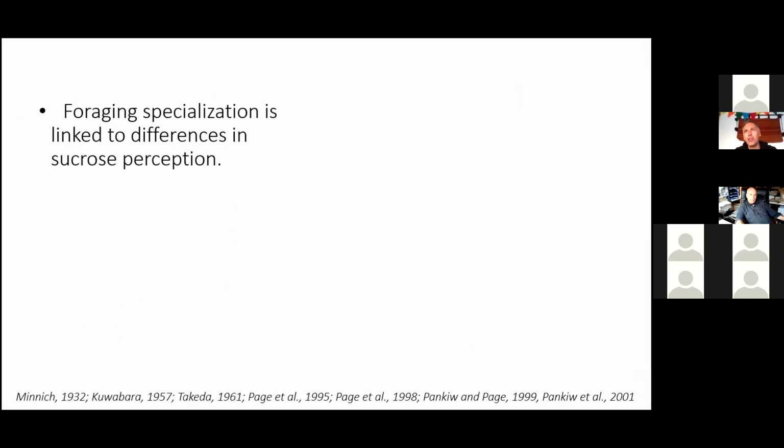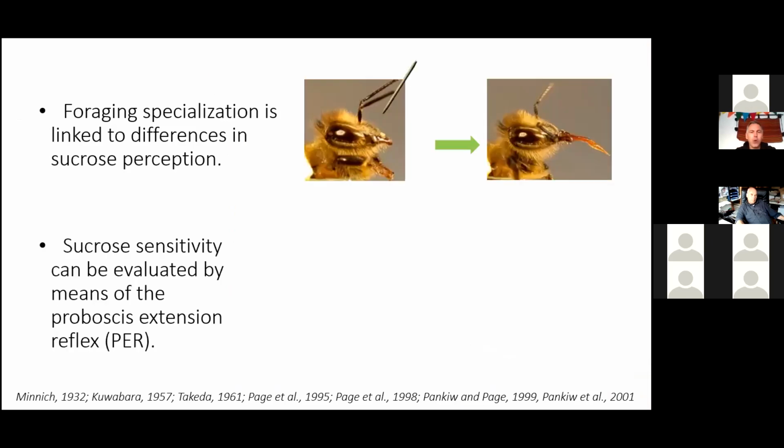This foraging specialization, foragers collecting nectar and foragers collecting pollen, differ in how they perceive nectar compounds such as sucrose. Sucrose sensitivity can be evaluated by means of the proboscis extension reflex.